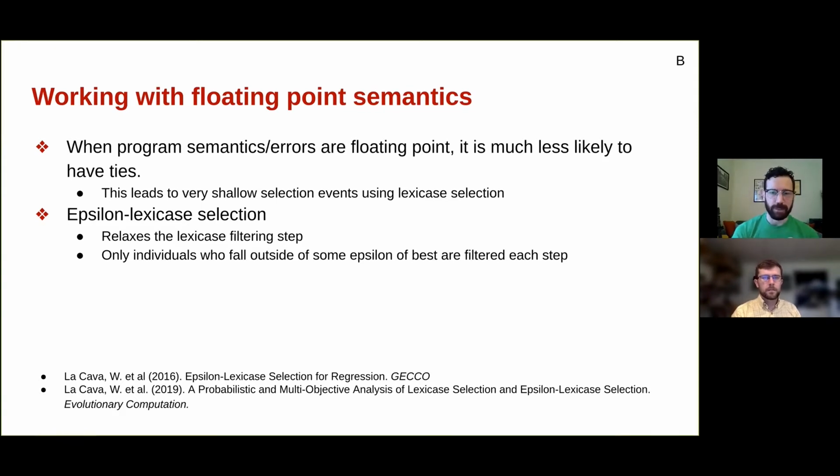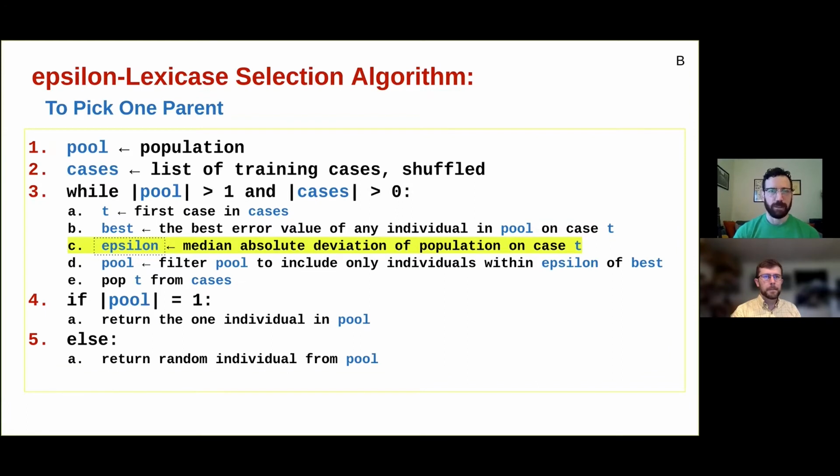How we define epsilon is something we've studied a bit, and we've come up with a couple parameter-free definitions of epsilon that are based on the statistics of the population. I'm going to go over those now to give you a sense of how they differ from the baseline Lexicase selection algorithm. With Epsilon Lexicase selection, I've highlighted here basically the only line that is different when compared to the standard Lexicase selection algorithm.